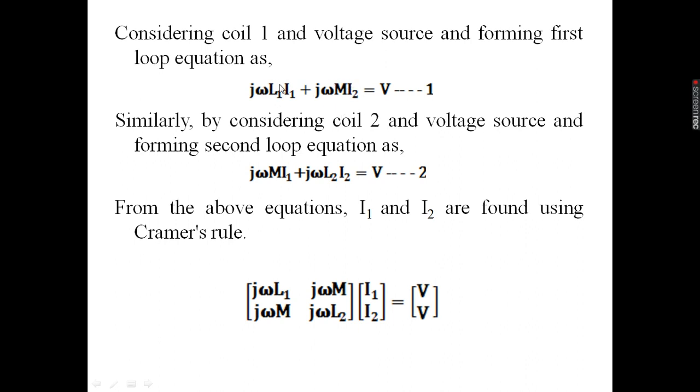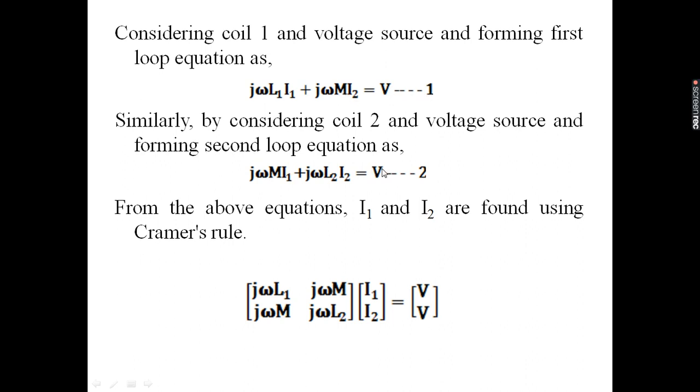J omega L1 is the reactance of coil 1, and multiplied by I1 it is the self-induced voltage. Because of the flux from coil 2 linking with coil 1, there will be another, mutually induced voltage, J omega M I2, which is equation number 1.